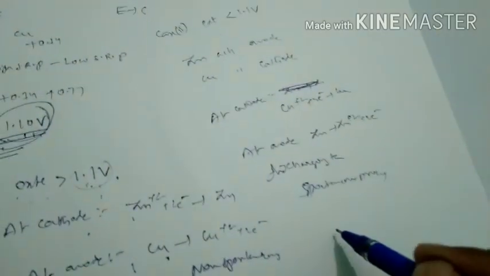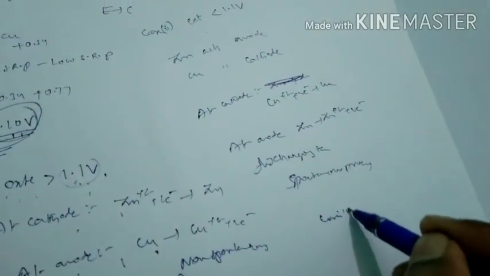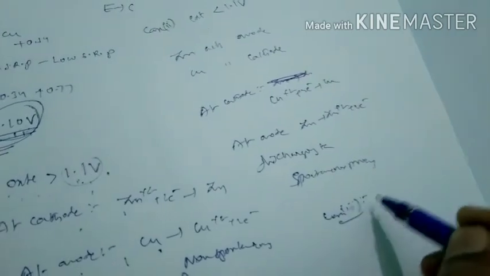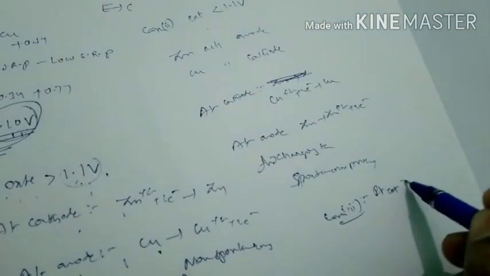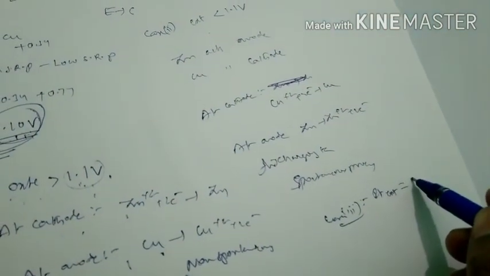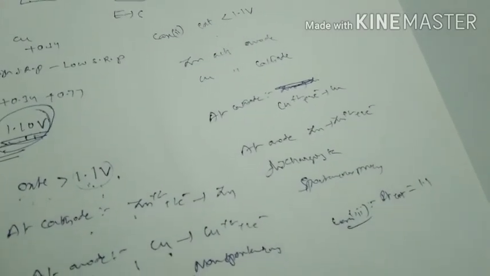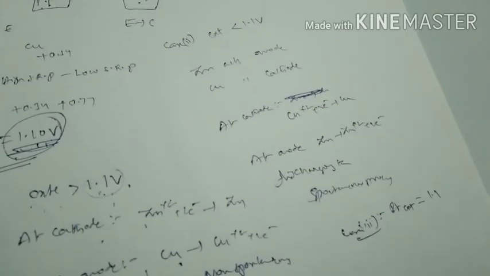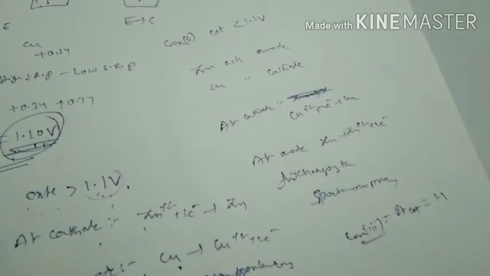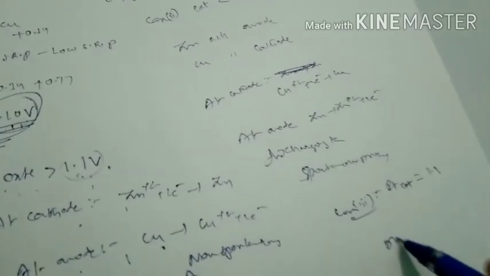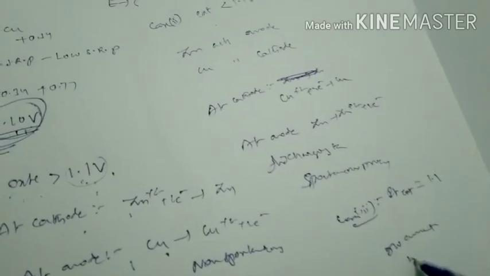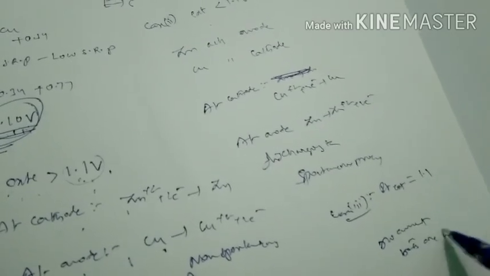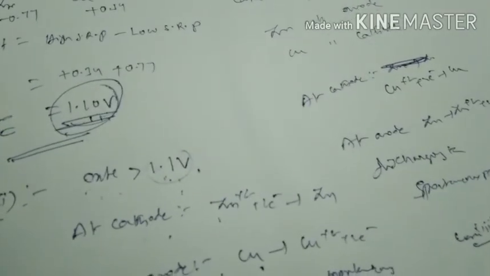Suppose case 3: if the external source is equal to 1.1 volts, then there is no flow of current. Both cells are in equilibrium. There is no current flow. So these are the points regarding the galvanic cell.